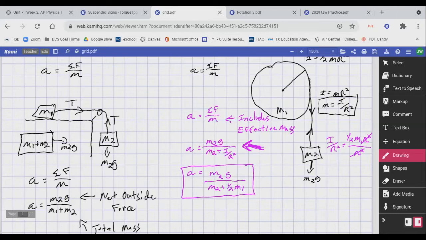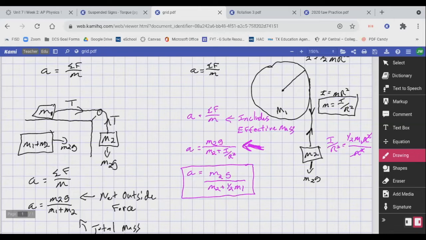Because we know I equals mr squared, and that's for our effective mass, I'm going to rearrange that to solve for the effective mass, which would be equal to I over r squared, correct? So if the effective mass is I over r squared, for this example, what is I? I is 1/2 mr squared.